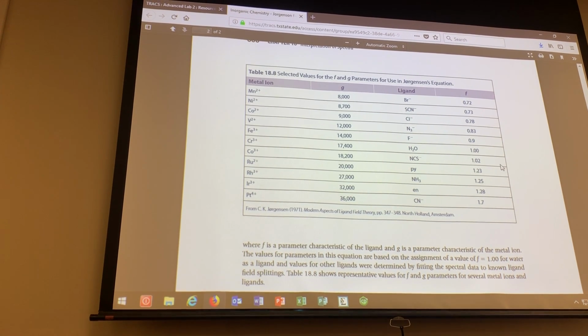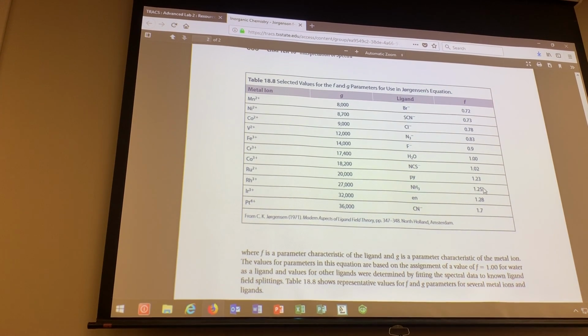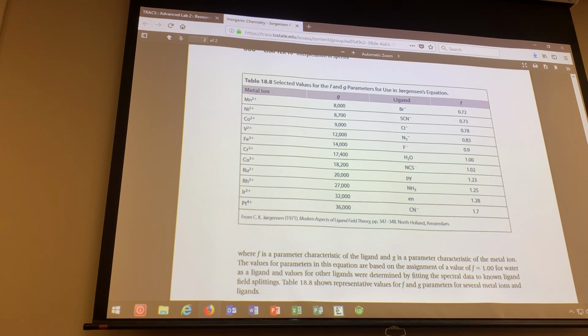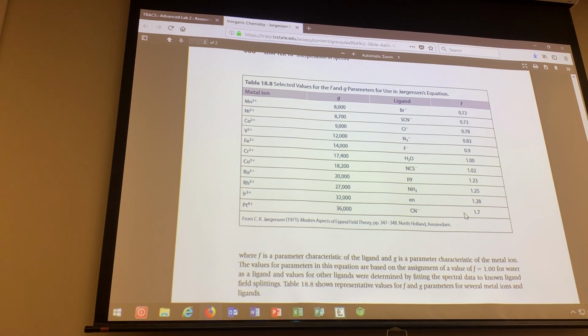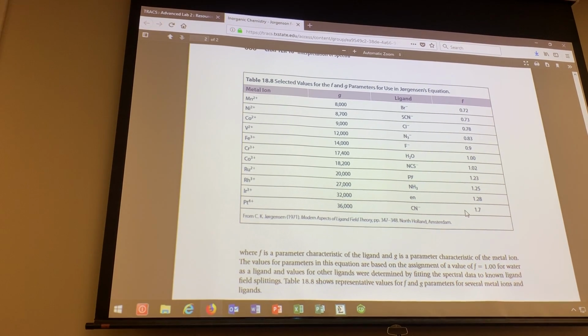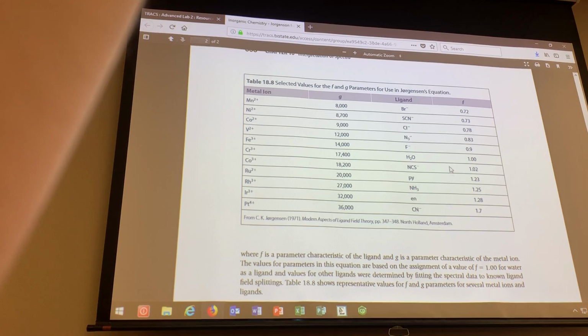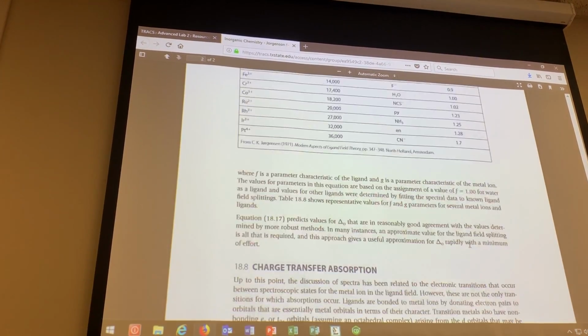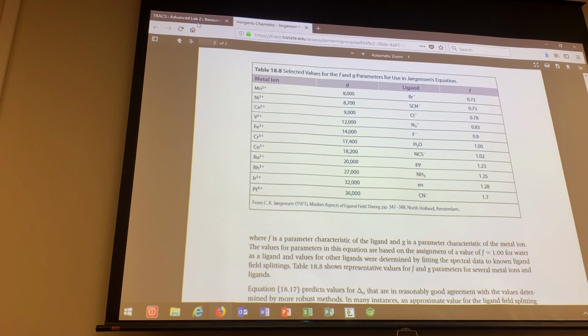But in general, things that are good donors and weaker acceptors tend to give more positive numbers. Anions tend to go to slightly more negative numbers. Cyanide's kind of a weird one because it's a good pi acceptor as well as being anionic. But these numbers can be used to specifically calculate the delta naught values.